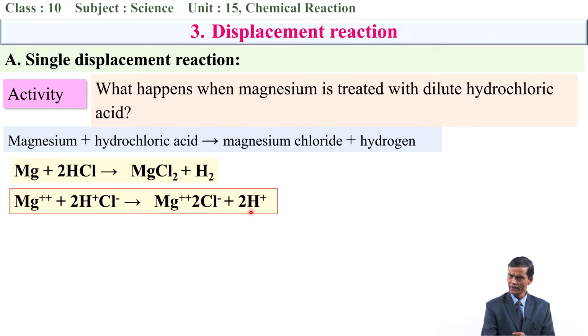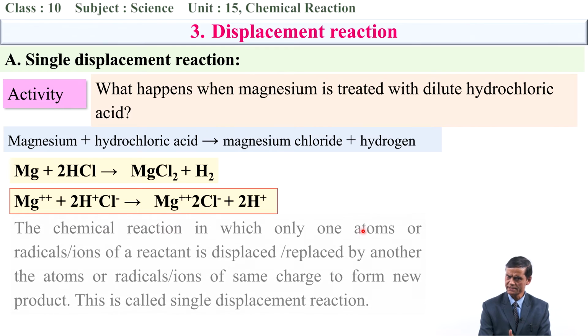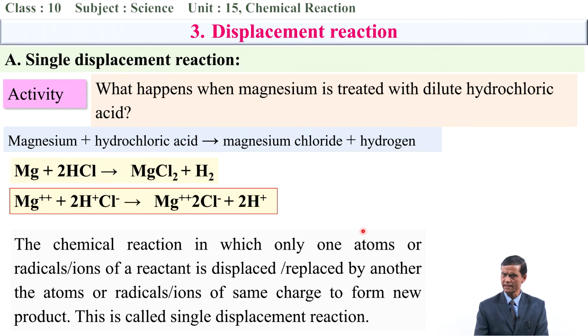So here only one ion is displaced. That means a positive ion is displaced by another positive ion, or a metal displaces hydrogen from acid, because hydrogen gives positive and metal gives positive. Now, how do we define single displacement reaction? We can define it like this.